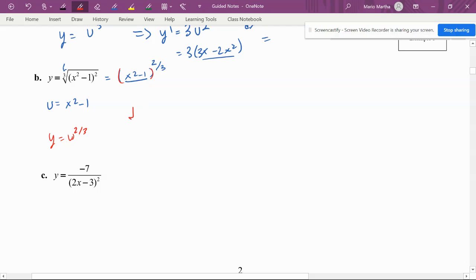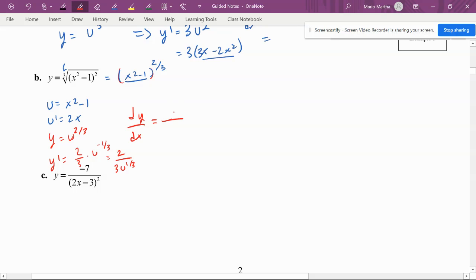So again, dy dx, right? So dy dx, first we got to find u prime. So u prime is going to be just 2x, and then y prime will be equal to 2 over 3 times u, subtract 1 from that, raised to the negative 1/3. Or 2 over 3u to the 1/3. All right, and then here, that gives us pretty much, this is going to be equal to the derivative, again, y prime, right?